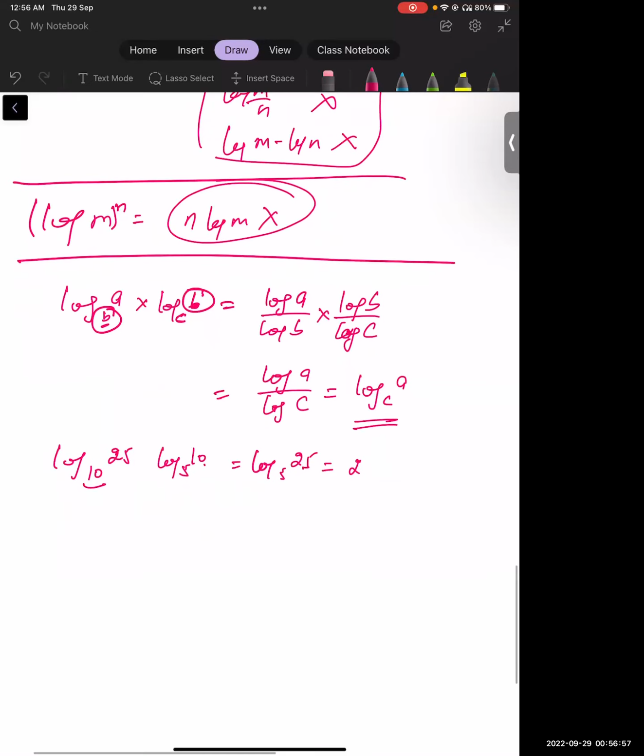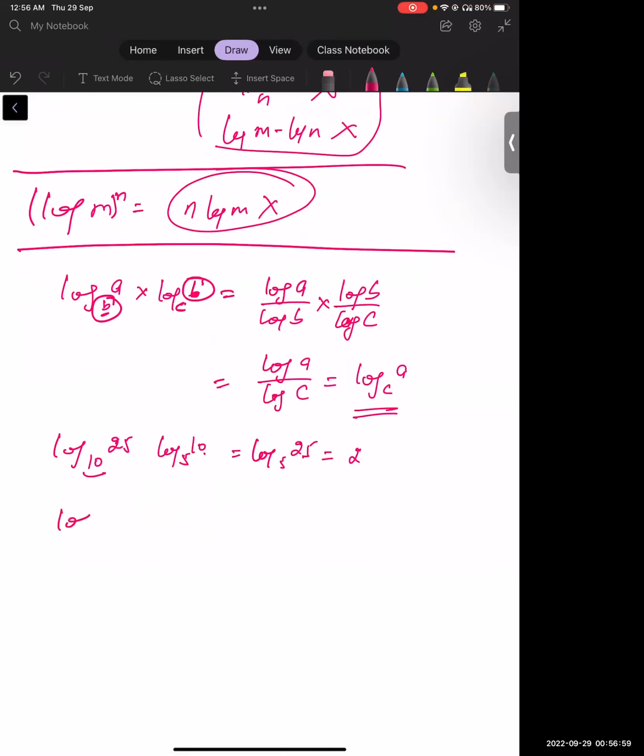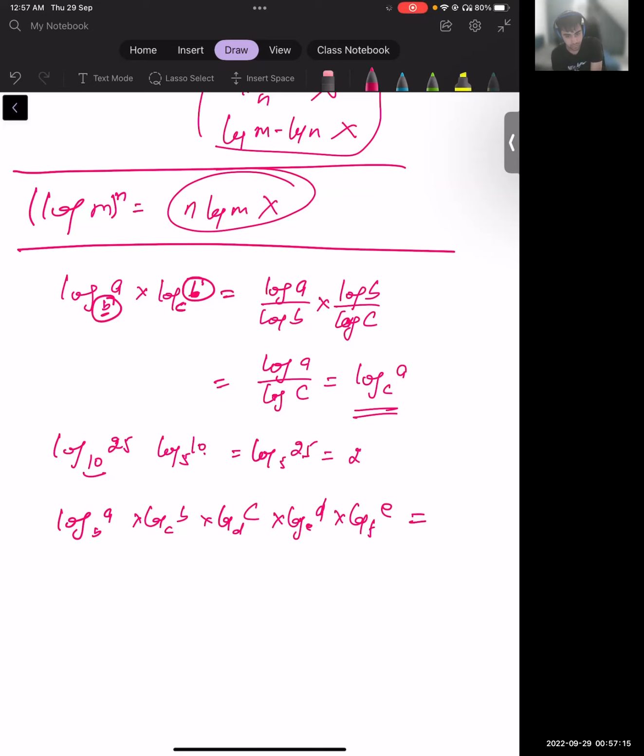Now, does this apply to more numbers also? Suppose it is log A base B, log B base C, log C base D, log D base E, into log E base F. The previous number is the base over there. So the answer will be log A to the base F. Got it?